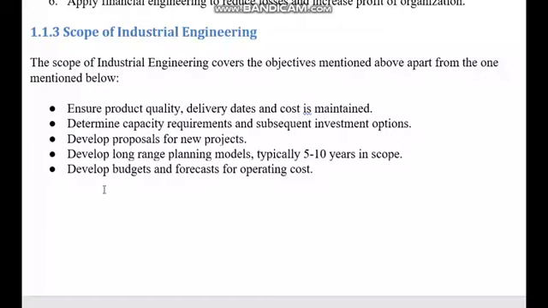And then to develop budgets and forecasts for operating costs. Operating cost means the cost for operating machines and plant equipment and other things. Some of the things are initial investment, like land. Once you purchase big machines, you purchase once. That's initial investment.